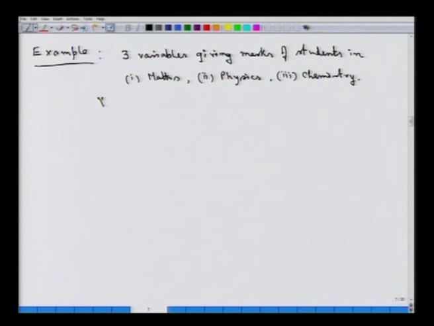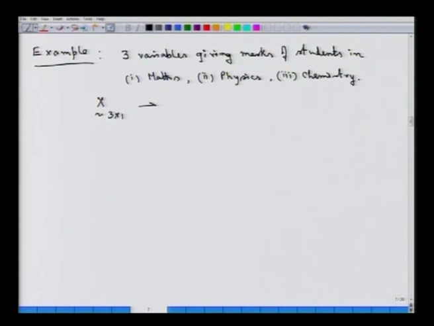So we have this x, a 3 by 1 vector corresponding to a particular student, where the first dimension gives the marks of maths, the second the marks of physics, and the third the marks of chemistry, say.